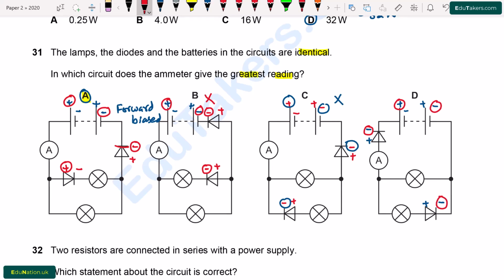So there is also one diode which is reverse biased. Current in this case will be minimum. So the greatest current will be in the case of A. So the ammeter gives the maximum reading for option A.